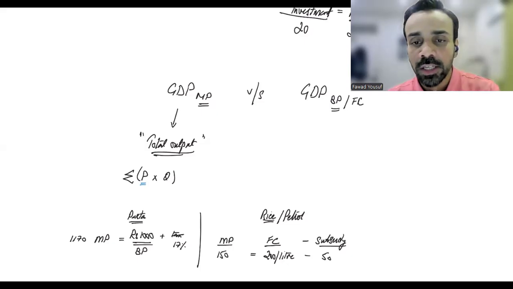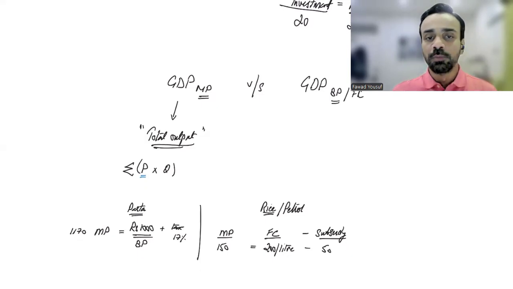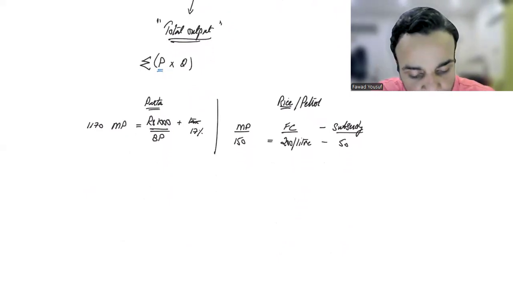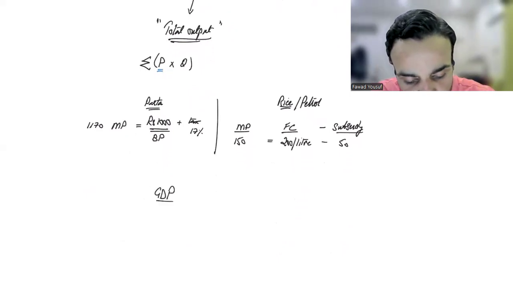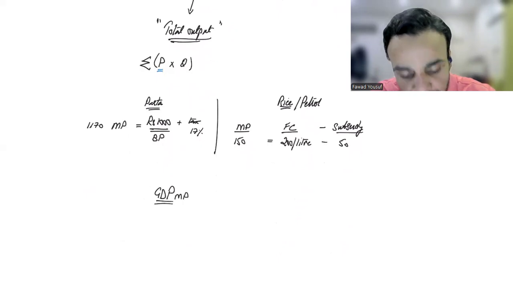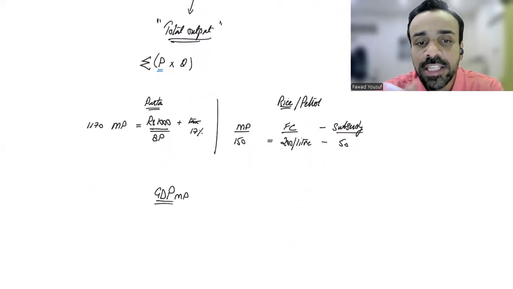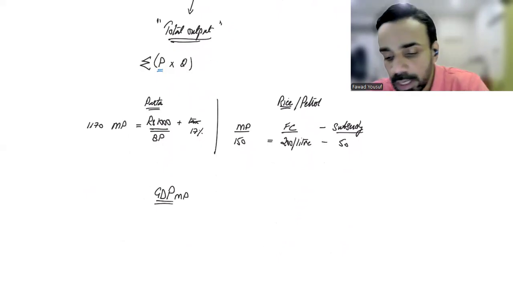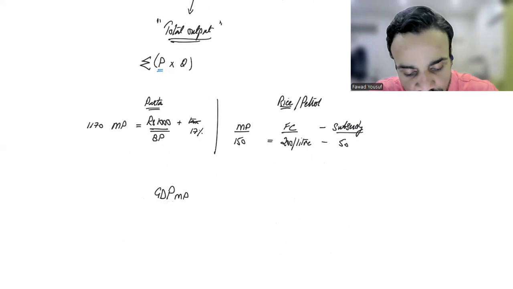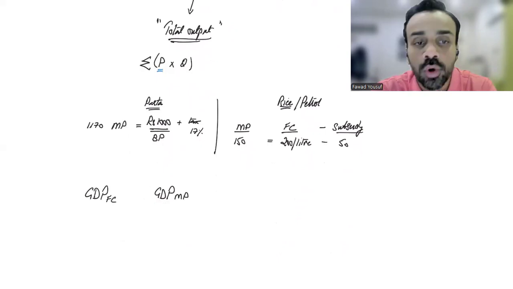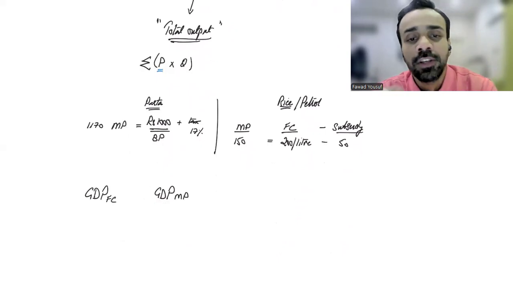So what can we conclude about market price and factor price? Normally, countries के अंदर जो जीडीपी कैलकुलेट होती है ना, वो मार्केट प्राइस पे कैलकुलेट होती है, which includes taxation and subsidies का impact. So if the question asks you that we would like you to calculate GDP at factor cost, and they've given you market price.